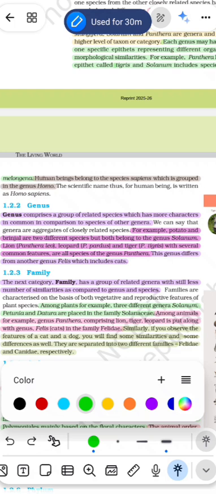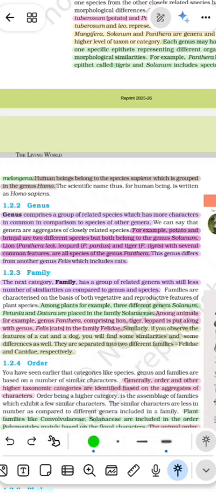Next, we move forward to genus. Genus comprises a group of related species which has more characters in common in comparison to species of other genera. We can say that genus is an aggregate of closely related species, as I have told you before. For example, potato and brinjal are two different species but both belong to genus Solanum.